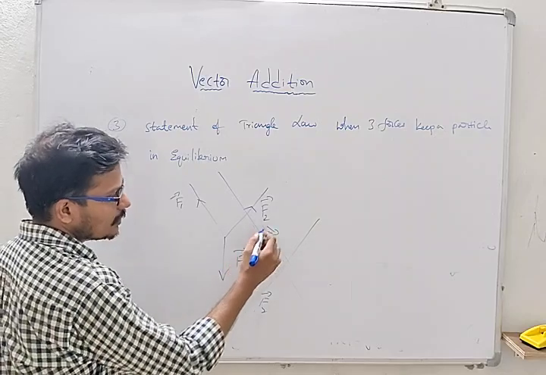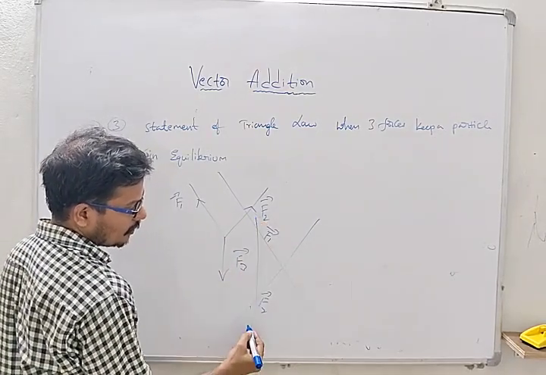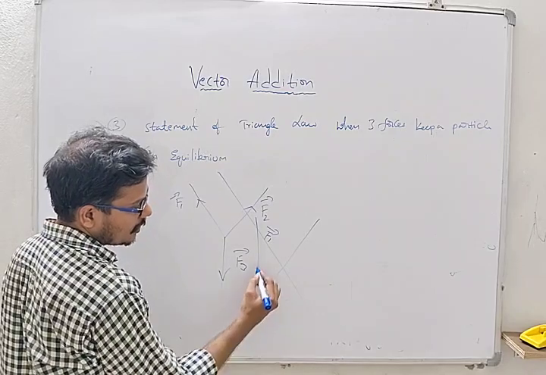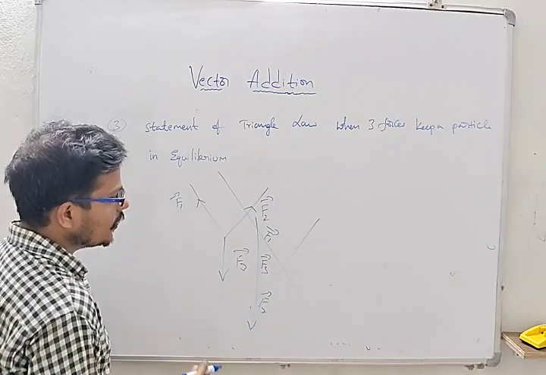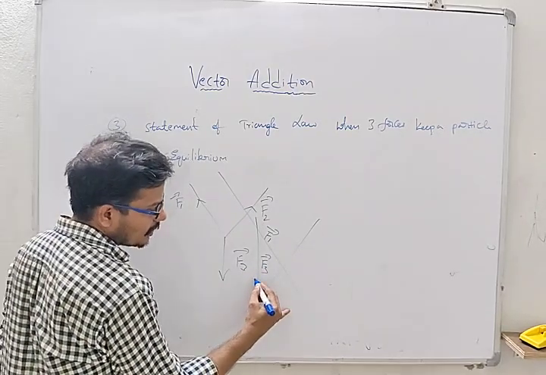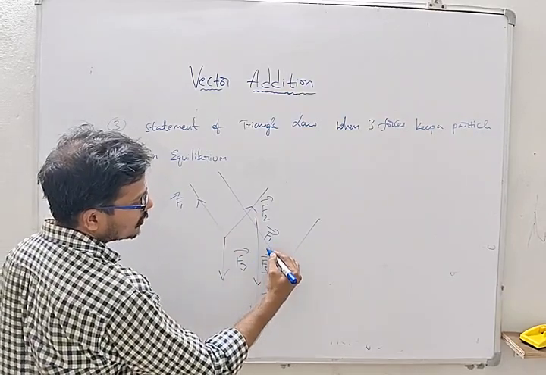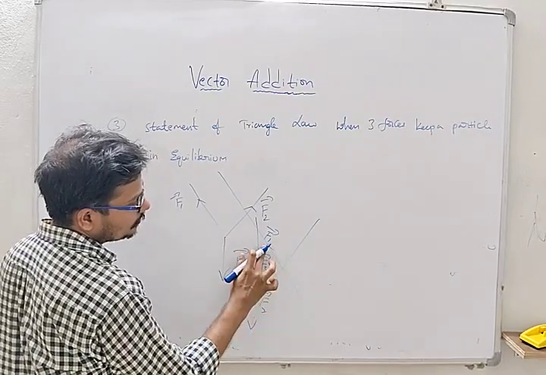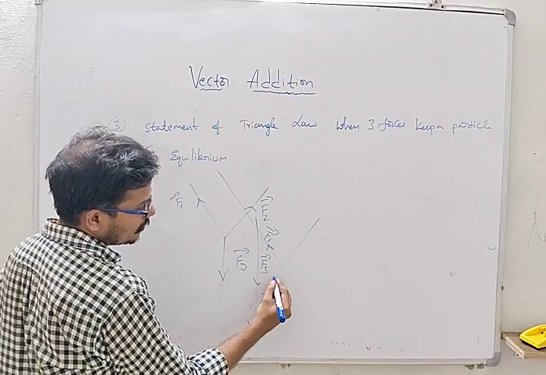Now F3 is in the downward direction, so draw a parallel line for F3. This is the F3 vector. So in these three cases, F3 is downward, F1 is the force in this direction, and F2 is upward.